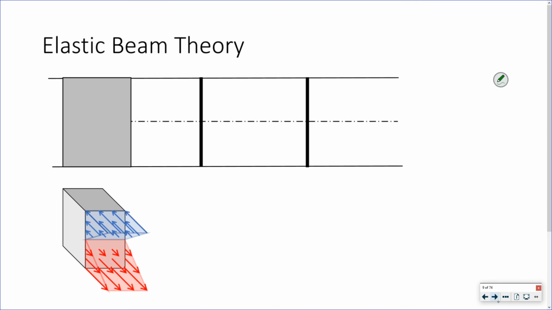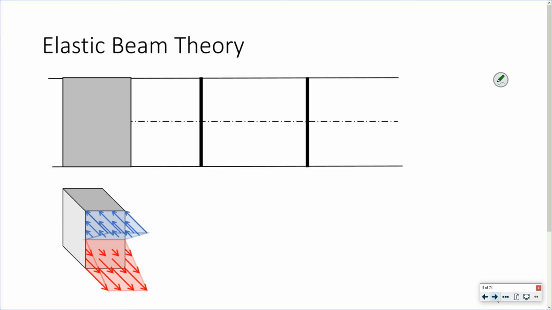Now I'm going to talk about some elastic beam theory. You should have done this a little bit in structural analysis. So we're going to talk about the distribution of the stresses within the cross section.